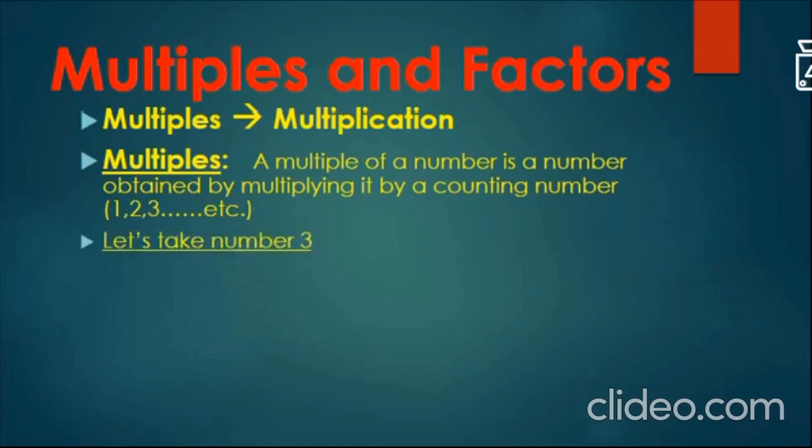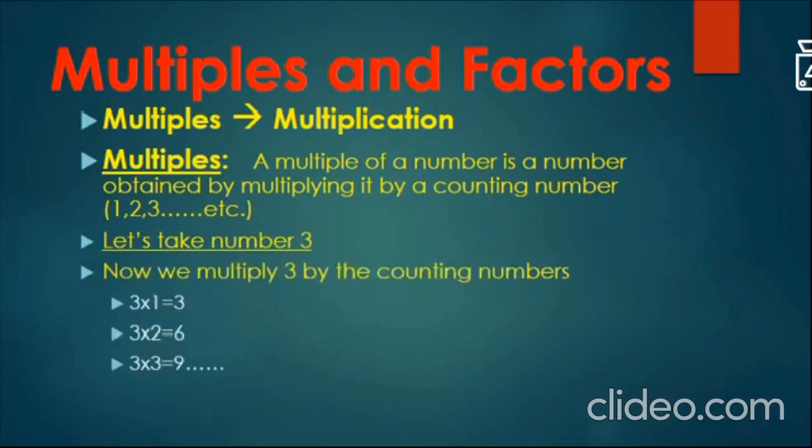Let us take number 3. Now we multiply 3 by the counting numbers. 3 multiplied by 1, we will get 3. 3 multiplied by 2 is equal to 6. 3 multiplied by 3 is equal to 9. 3 multiplied by 4 is equal to 12. 3 multiplied by 5 is equal to 15. And so on.